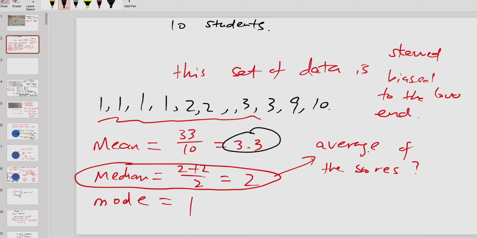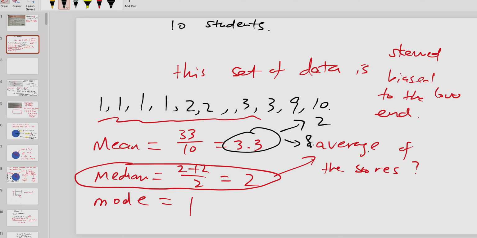what does that mean? How many score more than 3.3 in this set of data? 2 of them. How many score below 3.3? 8 of them. So your 3.3 represents only the higher students.